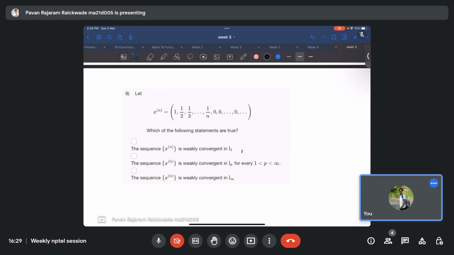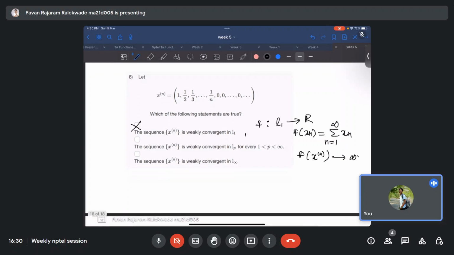If we define the function f from L1 to R given as f of x equal to the summation of xn, then f is a linear functional, but what is f of the sequence xn? This diverges, right? That means this cannot converge weakly to any element.